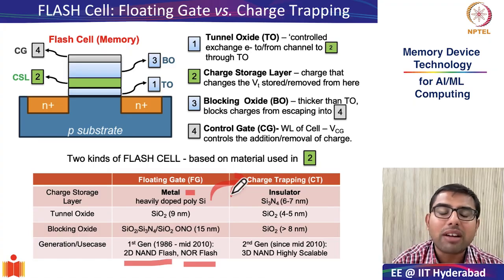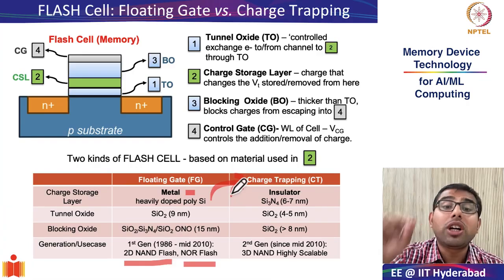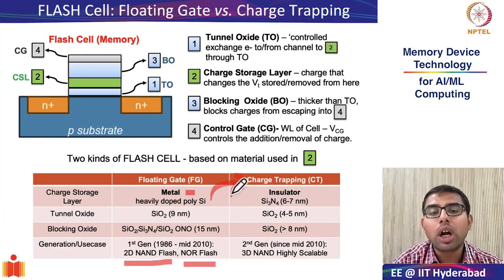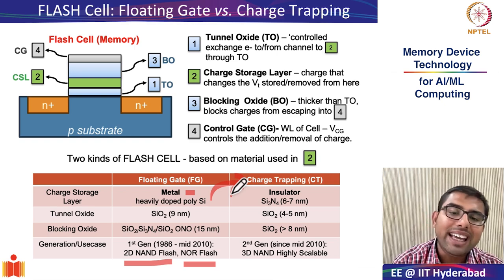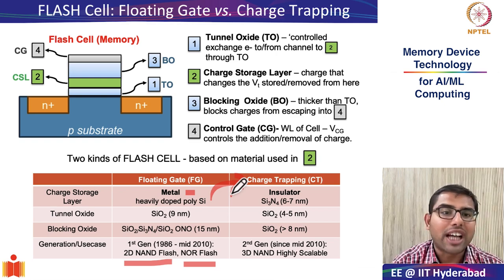So this charge trapping transistor is a much more evolved and scaled version of the floating gate transistor, and that is what is primarily being used for highly scaled 3D NAND flash memory.